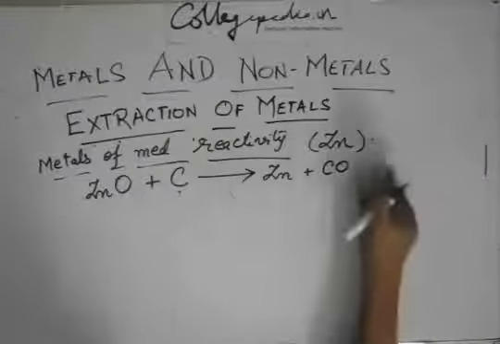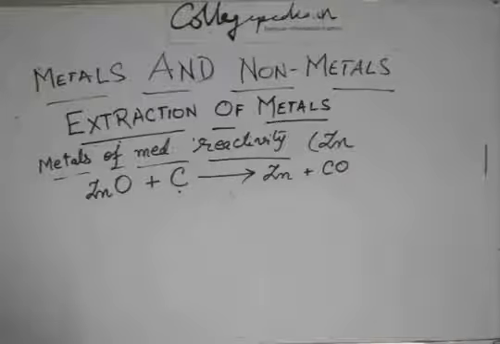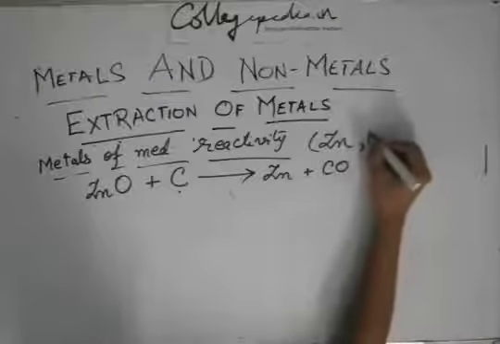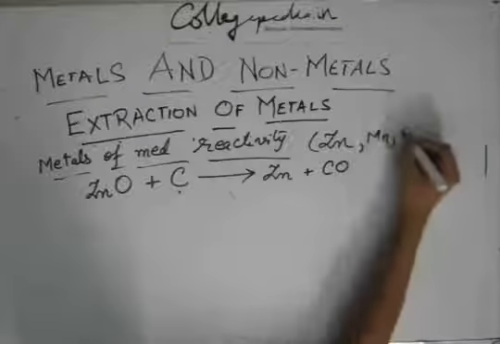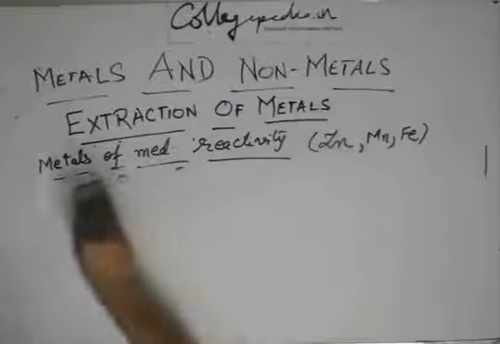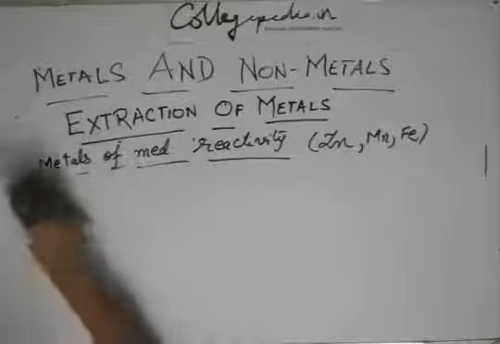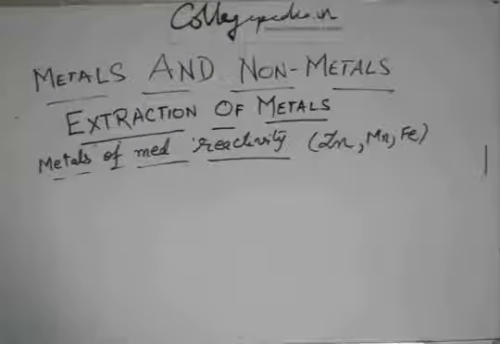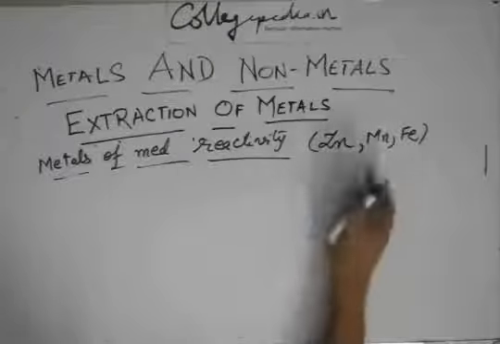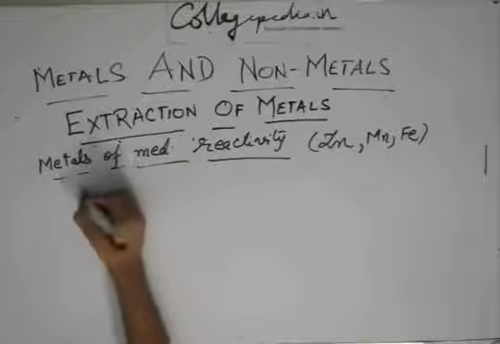Now, we were talking only about Zn, but there is another method in which we can incorporate manganese and iron as well. Instead of using carbon as the reducing agent, we can use another element as a reducing agent. And this is what happens in case of the oxides of manganese and iron.